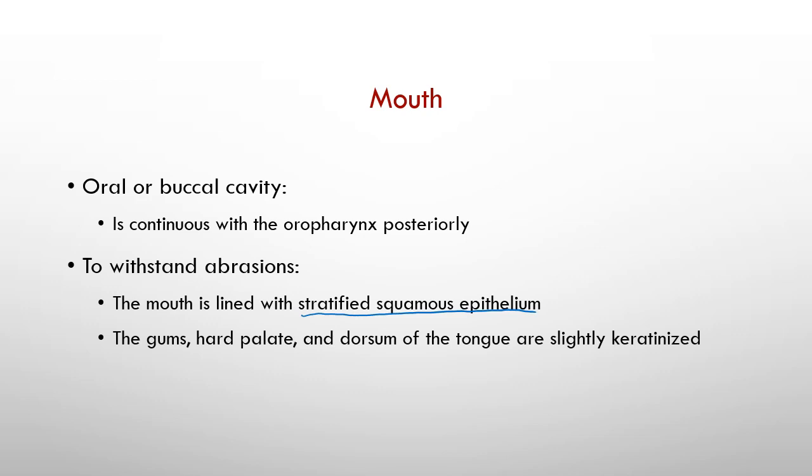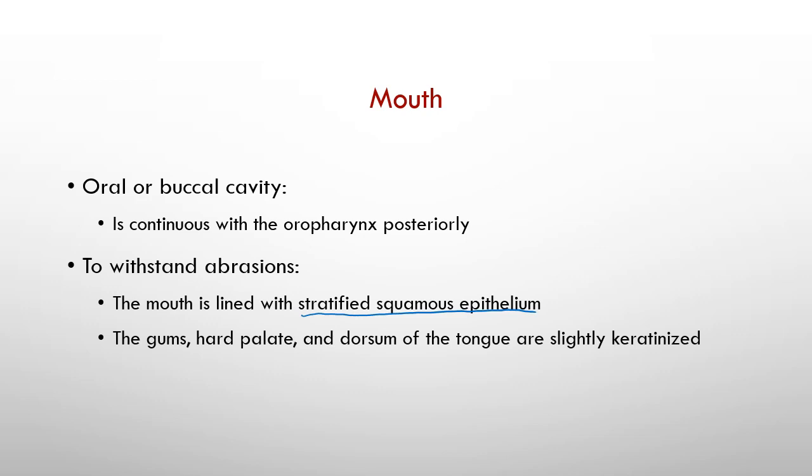This is non-keratinized for the most part, unlike the skin, so we don't have those dead cells out there. But we do have a little bit of keratinization in certain portions of the oral cavity here, simply because, again, some things are coming in and essentially bumping up against it, rubbing up against it more aggressively in areas.